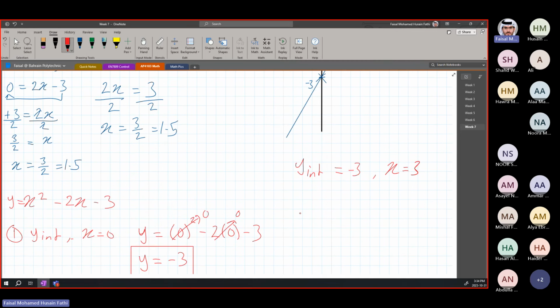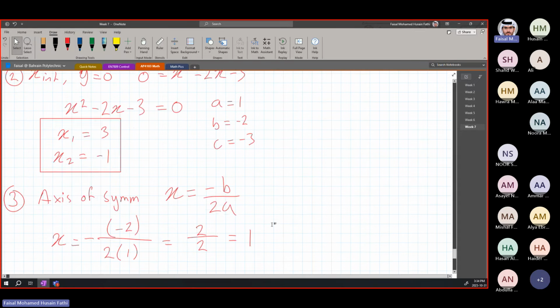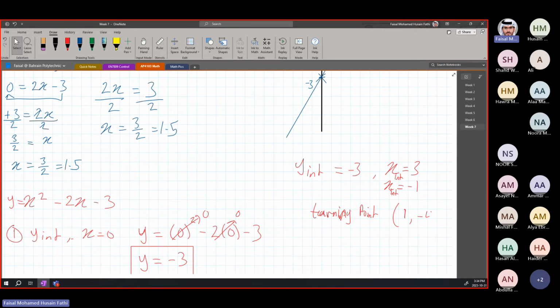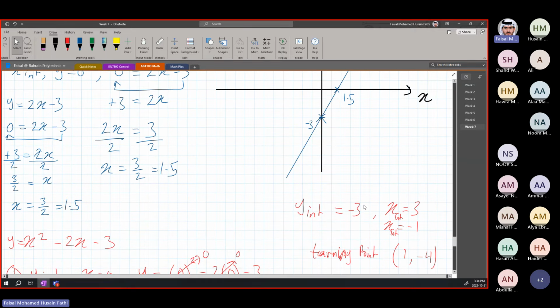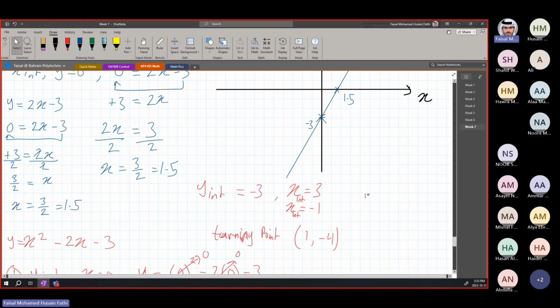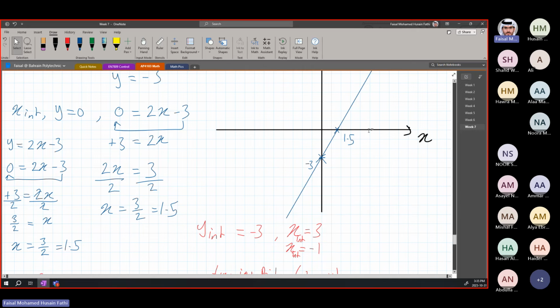Then the turning point is 1, minus 4. Now these values we are going to have to plot.